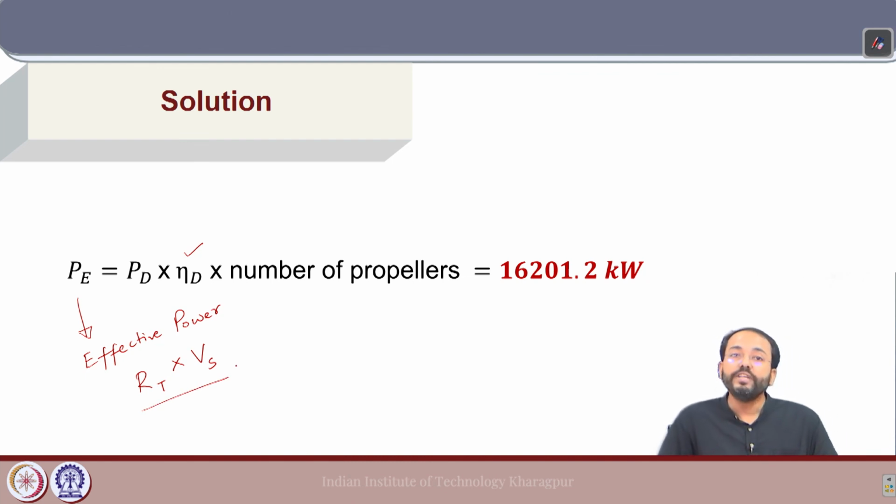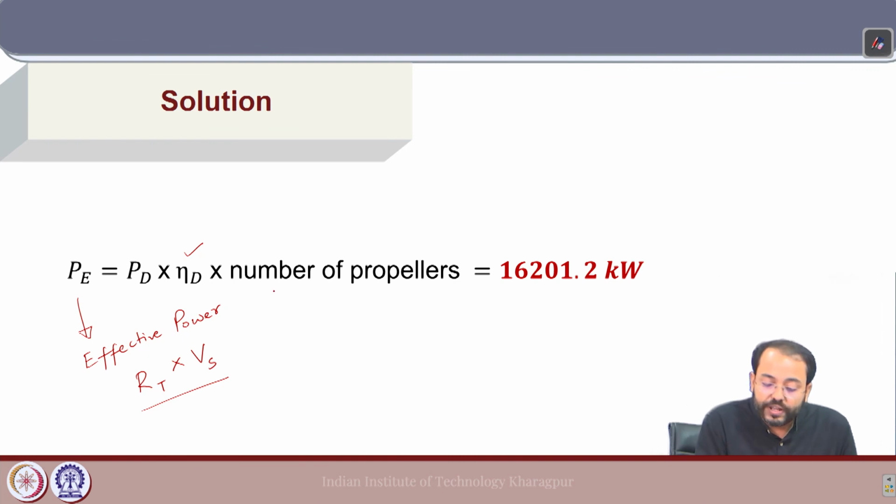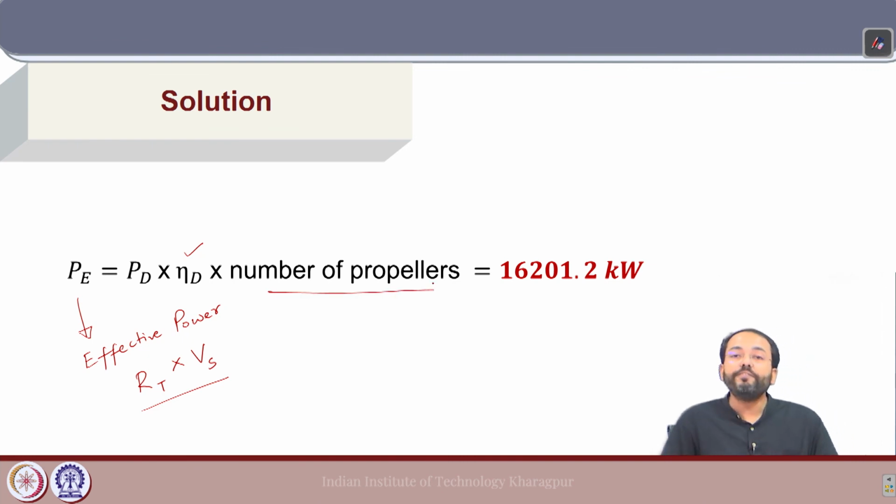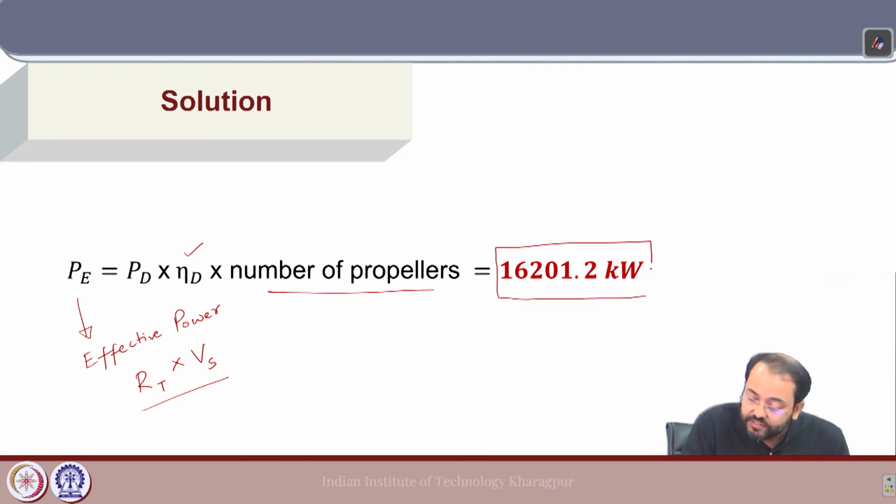So we have two propellers, so we have to multiply the delivered power with the number of propellers, which is 2 here, and also the quasi propulsive efficiency to get the effective power. So this is the value of the effective power of this ship.